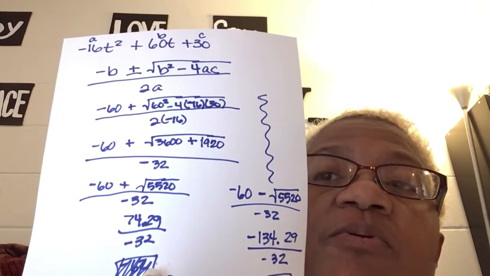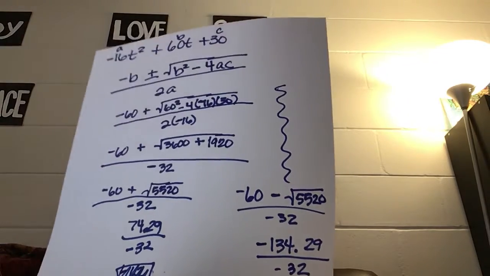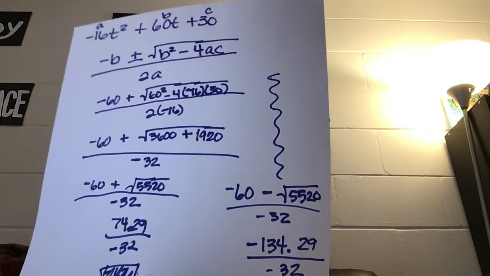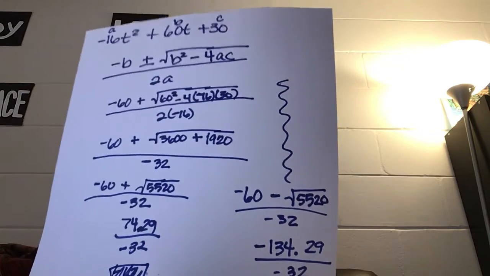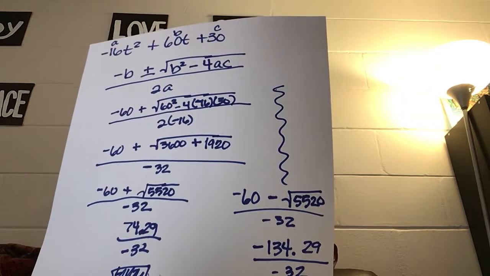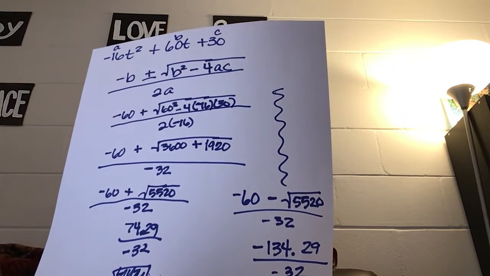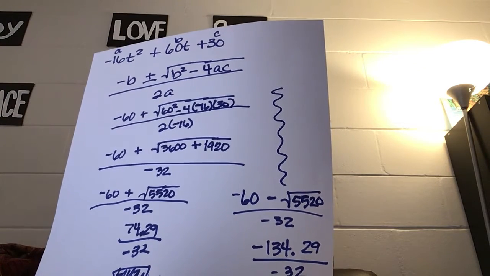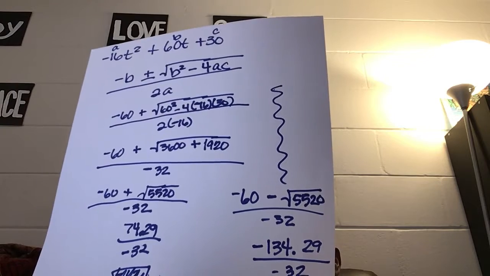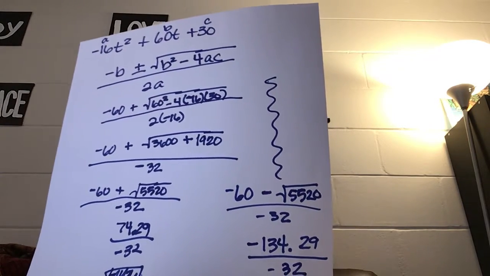And now at this point, you just plug in your numbers. So you have negative 60 plus the square root of 60 squared minus 4 times negative 16 times 30, divided by 2 times negative 16. I'm breaking it down a little bit for you.